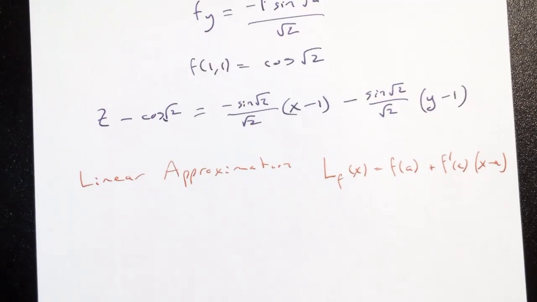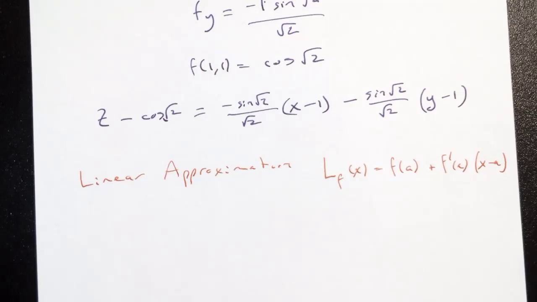This was our tangent line. This was also the first two terms of our Taylor series. Well, guess what? Instead of using a linear approximation that's a straight line, I'll use the linear approximation that is the plane.